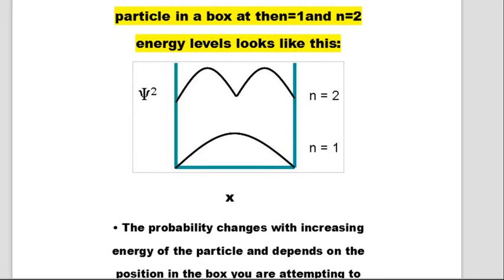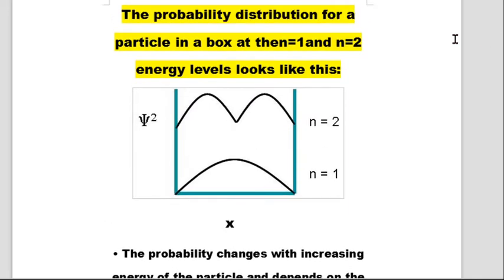Now we can come to the probability distribution for a particle in a box when n equals 1 and n equals 2. Probability is given by the square of the wave function.